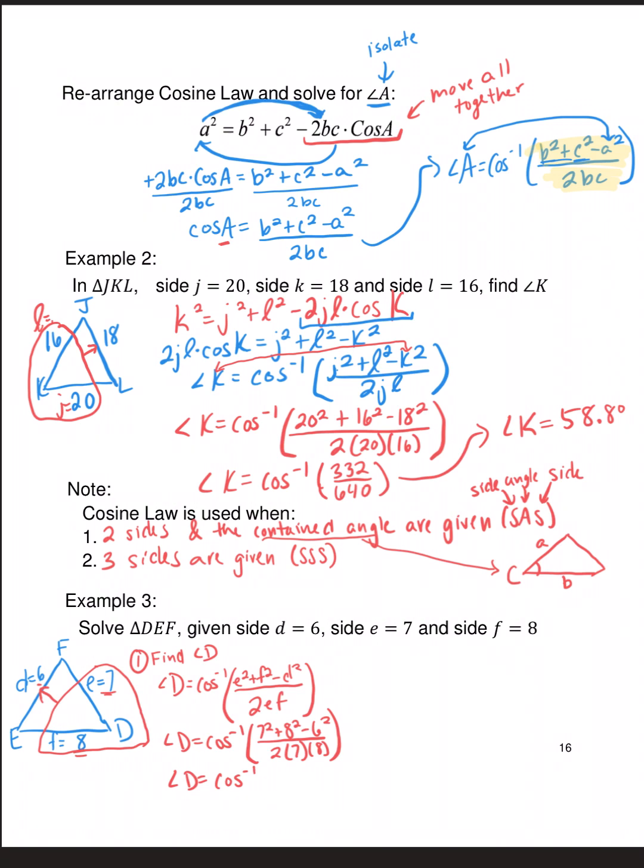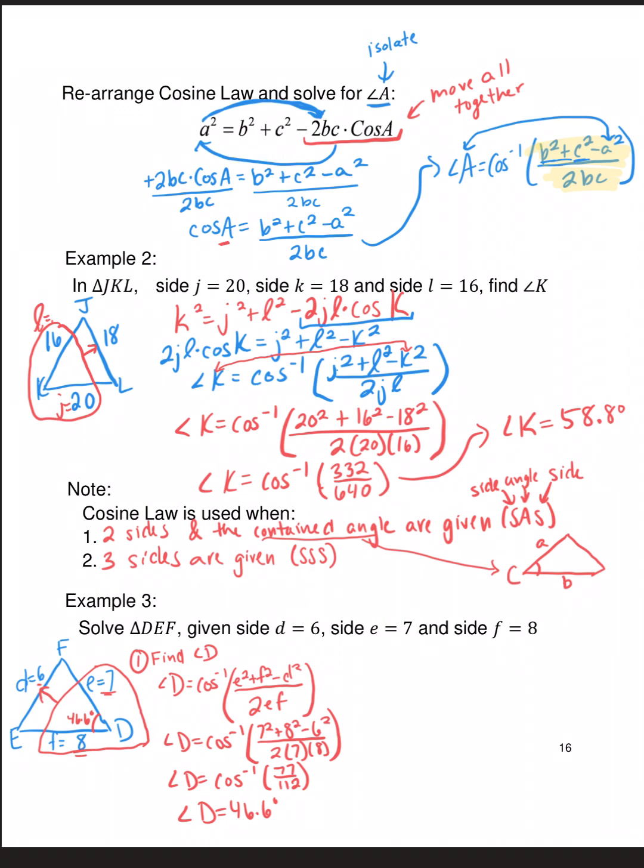If you calculate the top, you should get 77, and on the bottom we should get 112. So to take the cos inverse of that fraction, you should get 46.6 degrees. Okay, now that I have angle D, I'm just going to put it in here, 46.6 degrees.